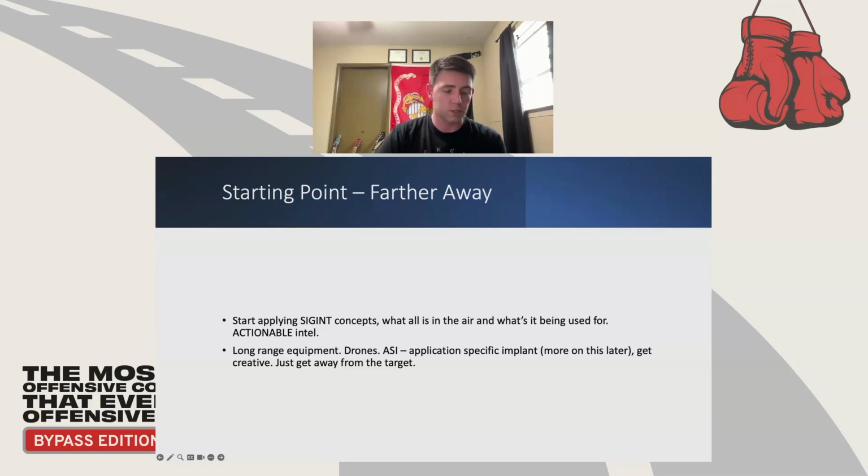All right, so starting point farther away. Like I've talked about, you need to know what's out there and how it's being used. Start applying some SIGINT concepts, or signals intelligence concepts. What all is out there? Take a look, see what your client is using. Obviously you've got your door readers that might be in use. You've got Wi-Fi networks.